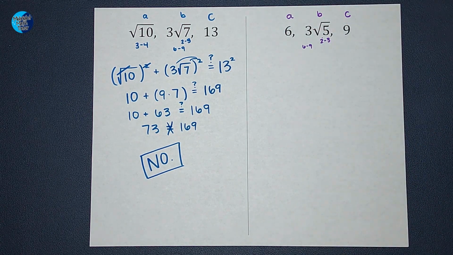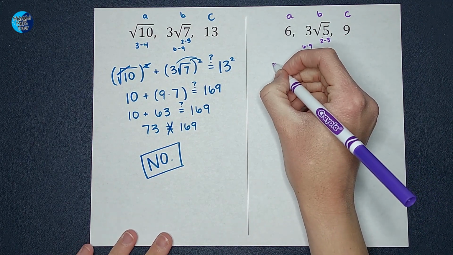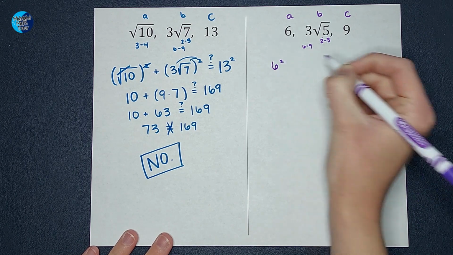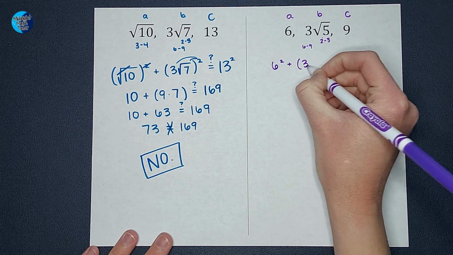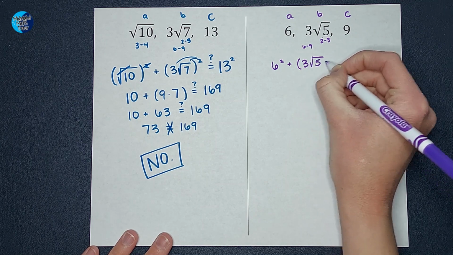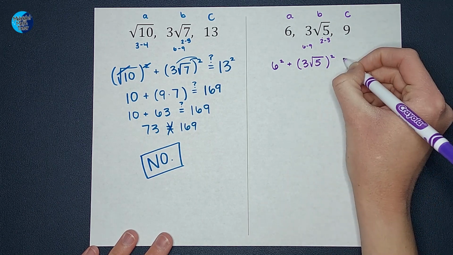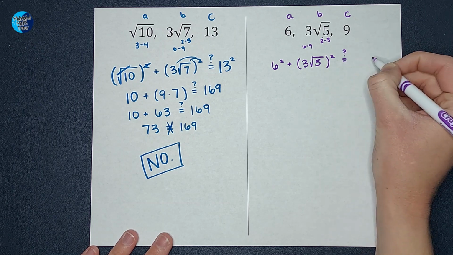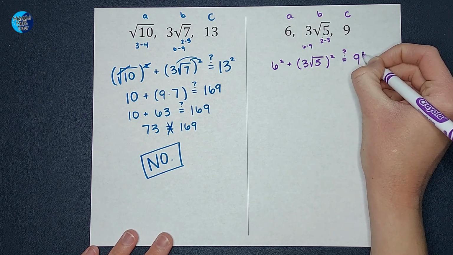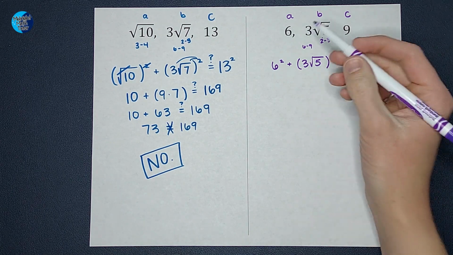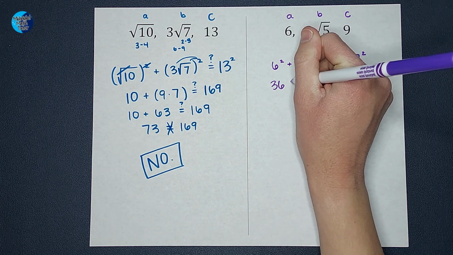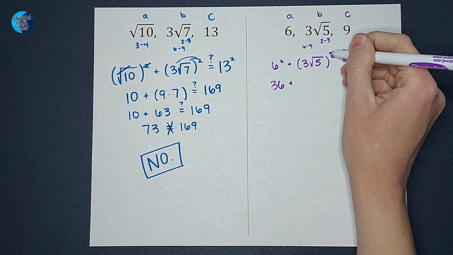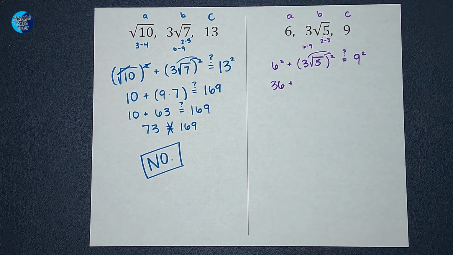All right, then we're going to plug it into our Pythagorean theorem. So we get A squared, so 6 squared, plus B squared, so 3 square roots of 5 squared. And we're seeing, is that equal to C squared, or 9 squared? All right, 6 squared gives me 36, plus, again, I can give this squared to each of them.